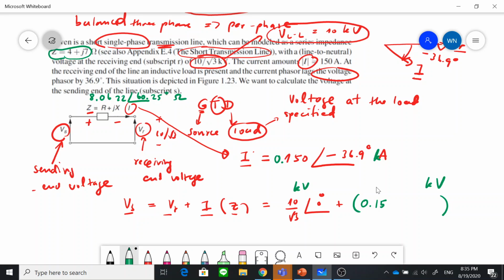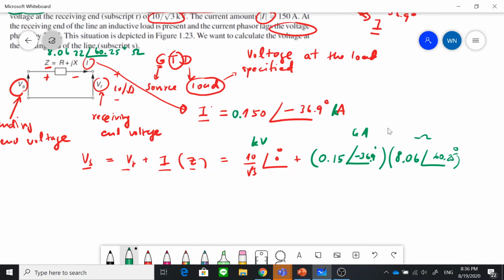This is in ohms. So you multiply the I, which is 0.15 with the angle of negative 36.9, by the Z here, which is 8.06 with the angle of 60.25. This is in kiloamps, this is in ohms, so the multiplication you should get in kV.